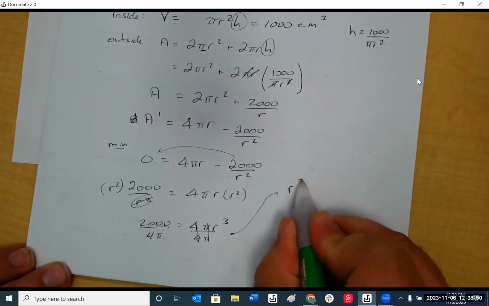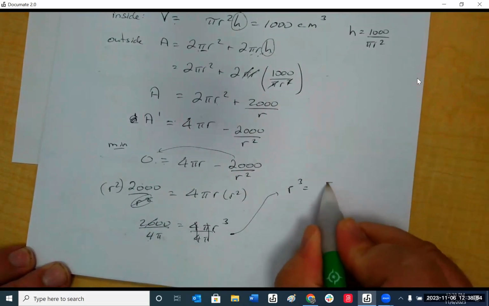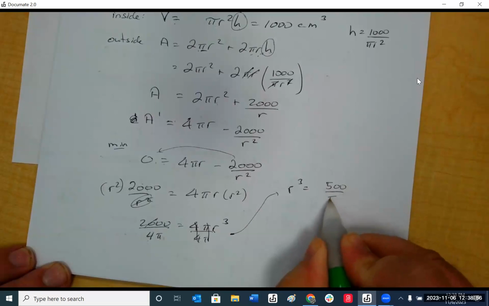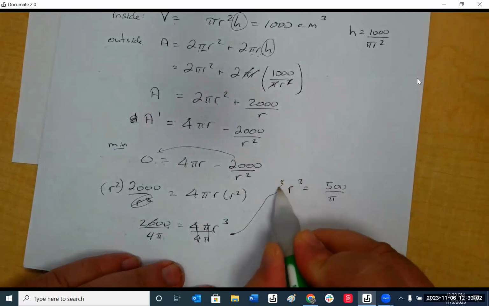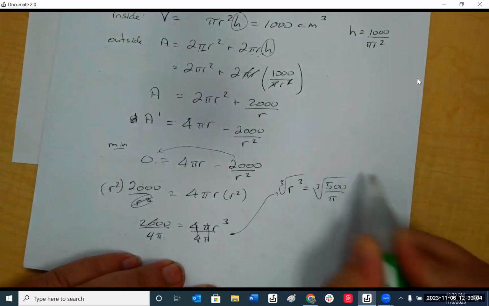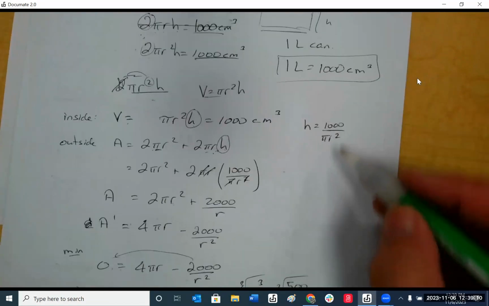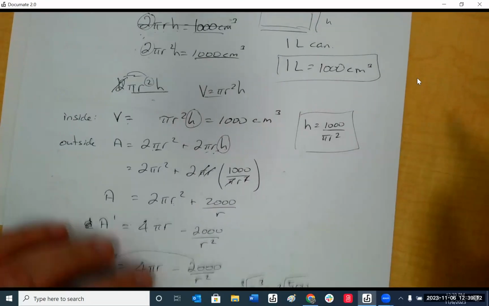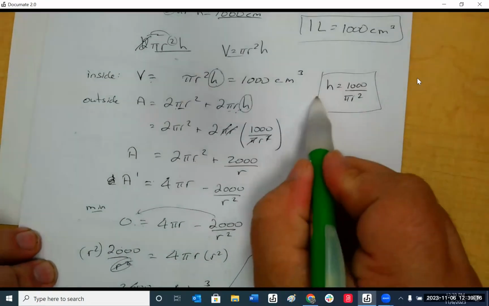So r cubed is equal to 500 over pi. So with that formula for the height, 1,000 cubic centimeters divided by pi r squared, you're just plugging that into the surface area, the plus 2 pi r h, right here.